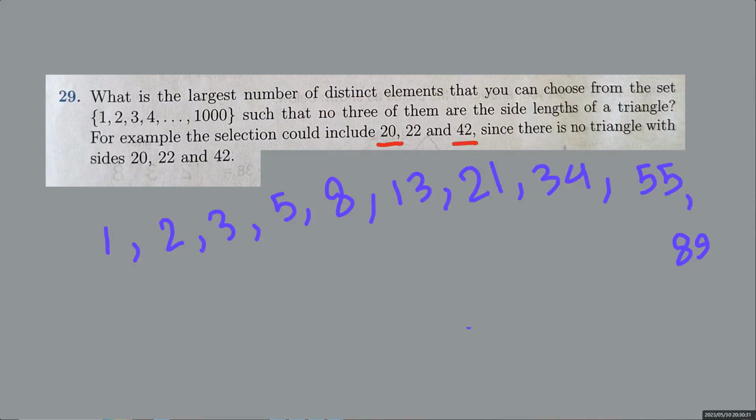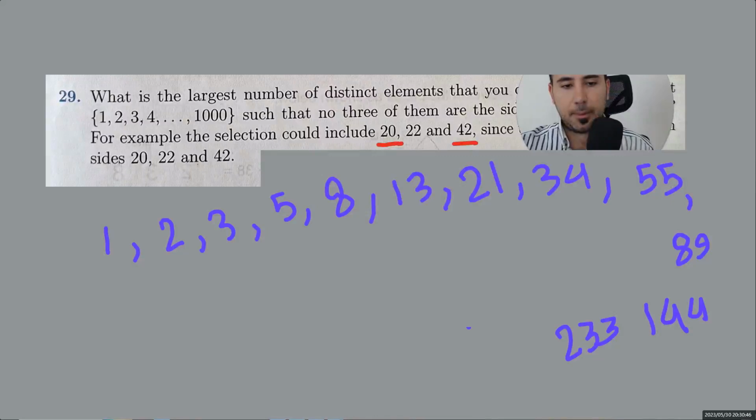89. Okay, the next number will be, let me write out the list. 144, 233, 377, 610, 987.